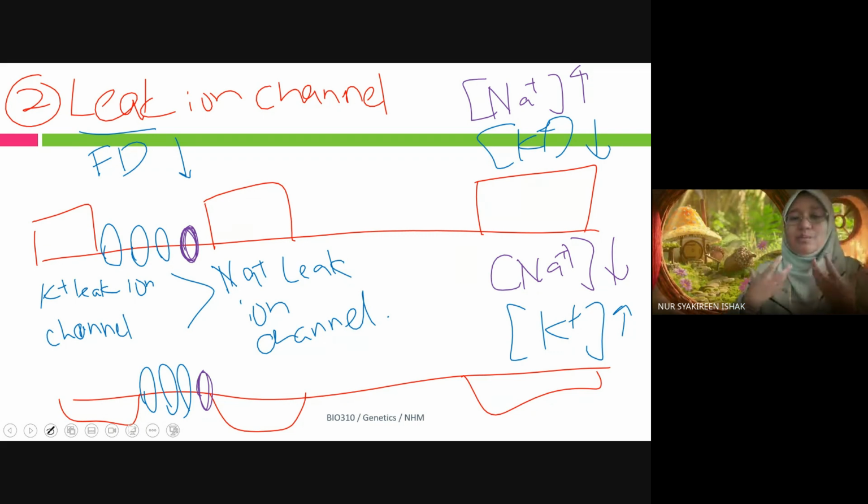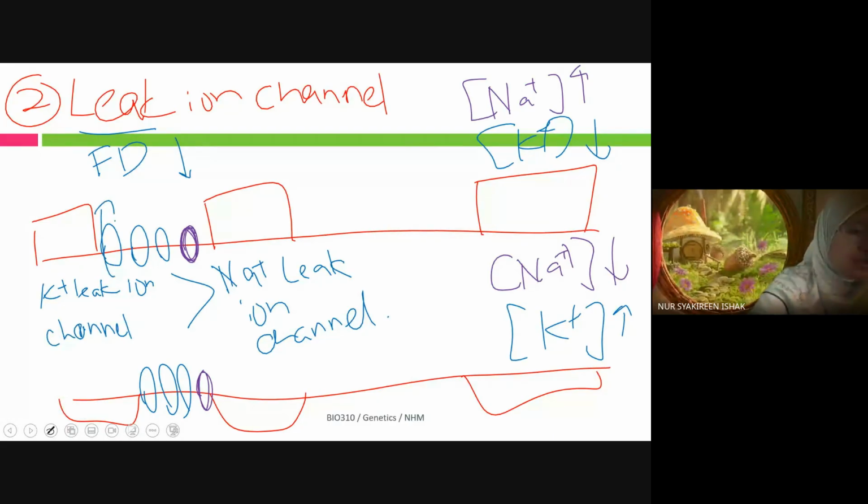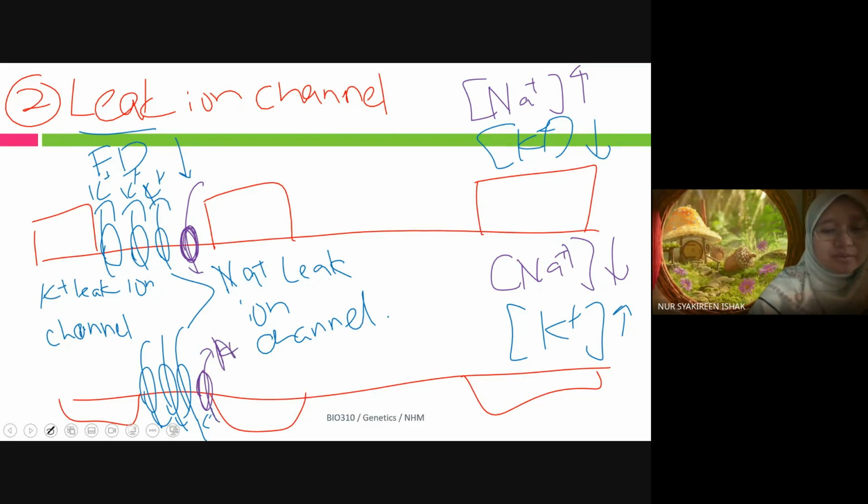So when there is more potassium leak ion channel, pergerakan down concentration gradient kan. So there will be more potassium that diffuse out. Okay, more potassium diffuse out compared to sodium that diffuse into the cell.